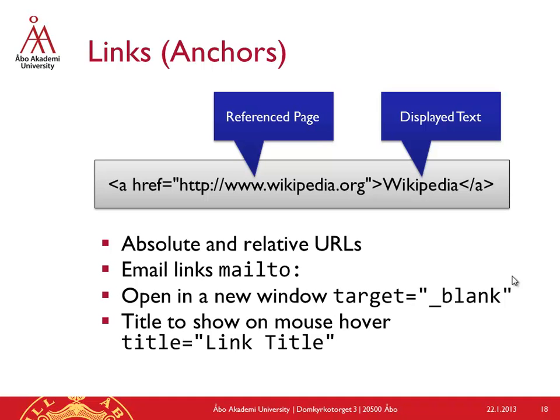And also you can open a link in a new window by providing the additional attribute target like this. And another additional piece of information you can specify with an anchor is title. It may be shown if you hover over this link with the mouse. Also, this title might be useful for search engine optimization.